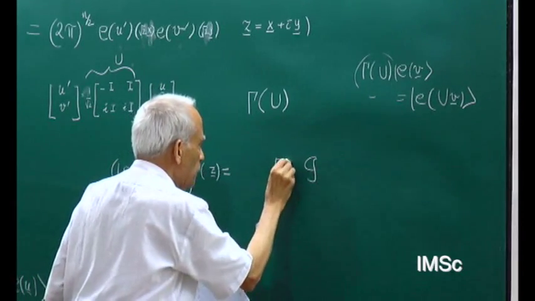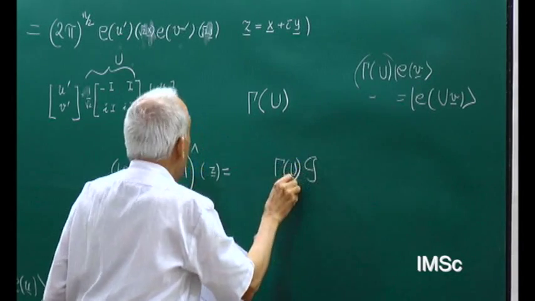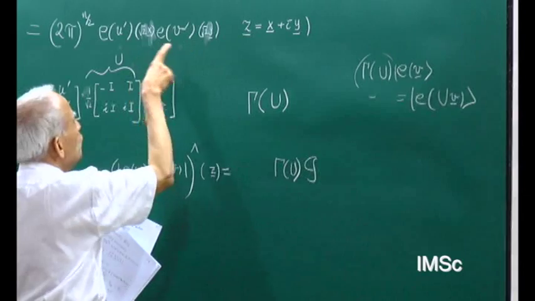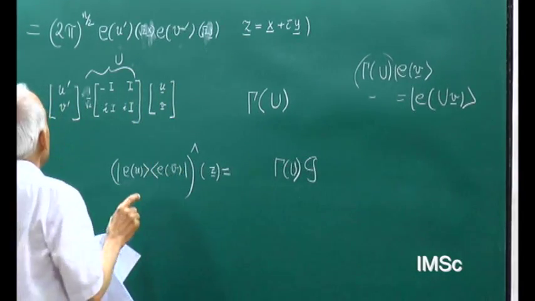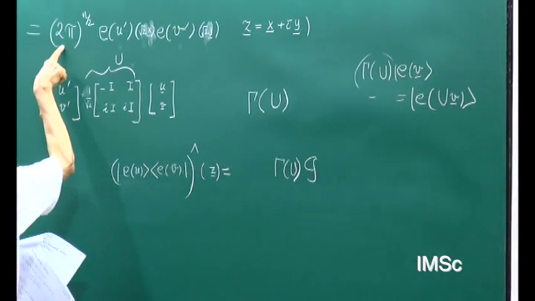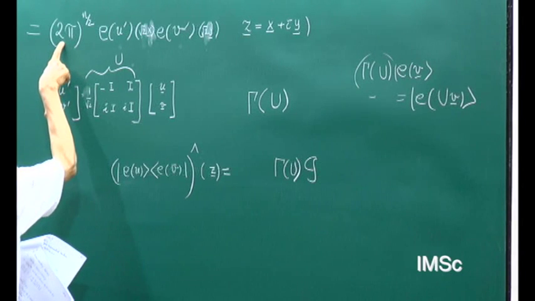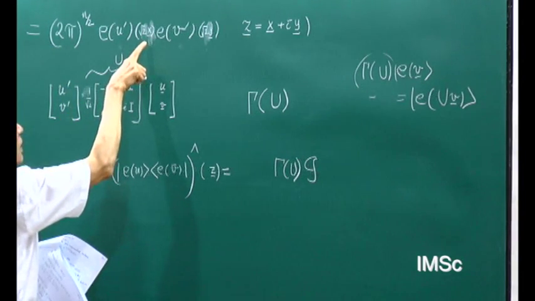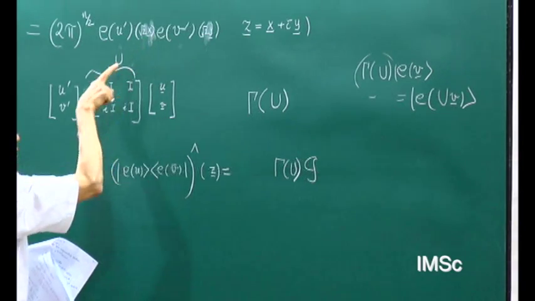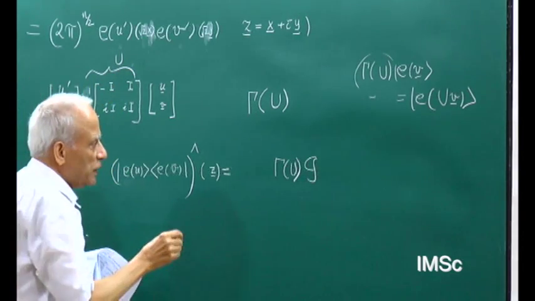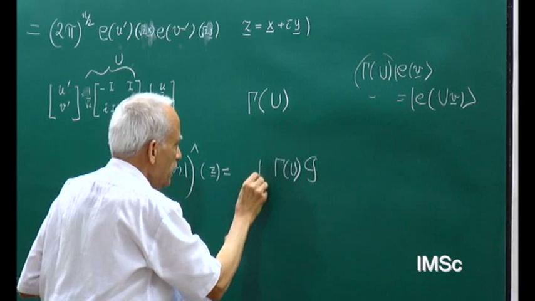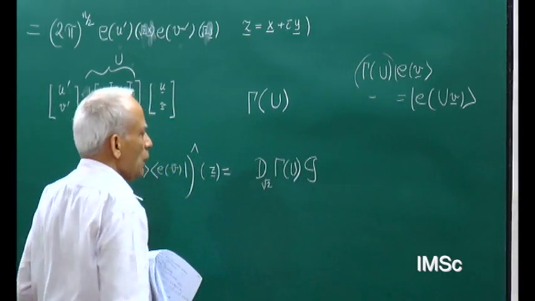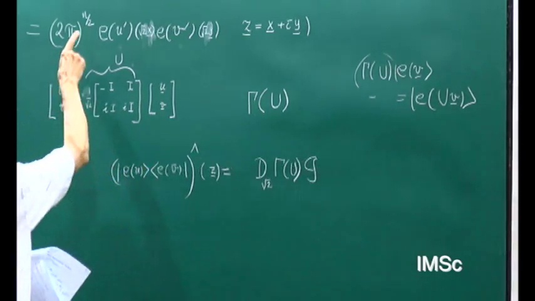So it is gamma u, and then there is a scale change. x, y is changed to root 2 x, root 2 y, and you borrow one root 2 from here. So there is a dilation transformation here, D root 2, and there is a 2 pi to the power.